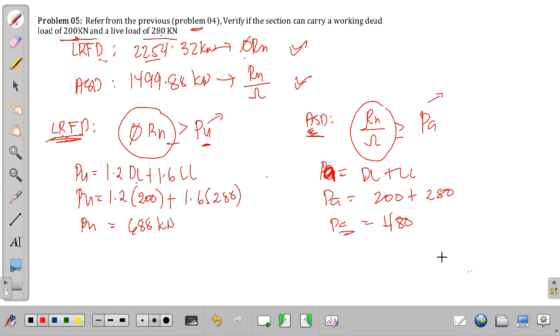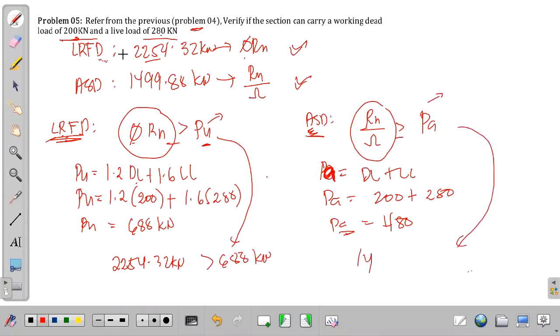So i-compare natin itong dalawa. So we have 2254.32 kilonewton. This is greater than 688 kilonewton. And for ASD, 1499.88 is greater than PA, which is 480 kilonewton.